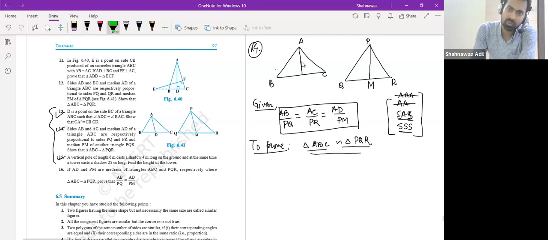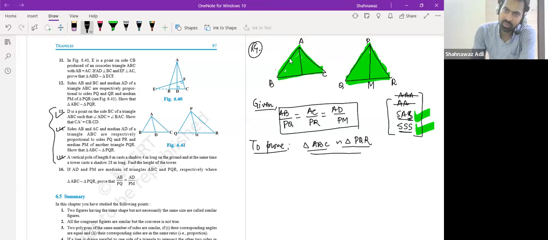So we have to prove this triangle ABC similar to this one. So we will only use these properties. But you see that we have already AB by PQ and AC by PR.